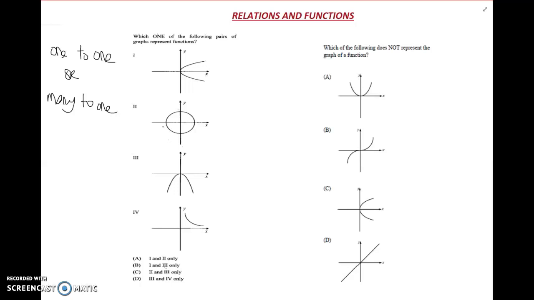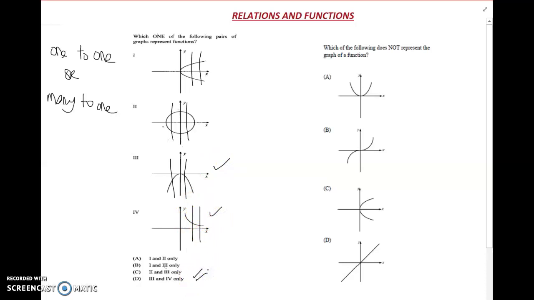So for these particular questions, we use something called the line test, right? So basically, my lines are never straight, but basically we draw a straight line. Once it cuts at 2 places, it's not a function, right? So you see cuts at 2 places, not a function. You see here cuts 1 place, is a function. Same thing here is a function, right? So it'll be 3 and 4, D.